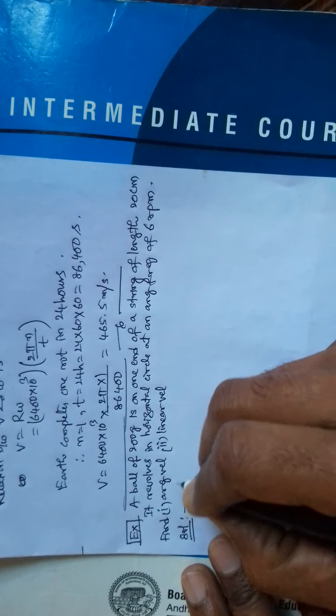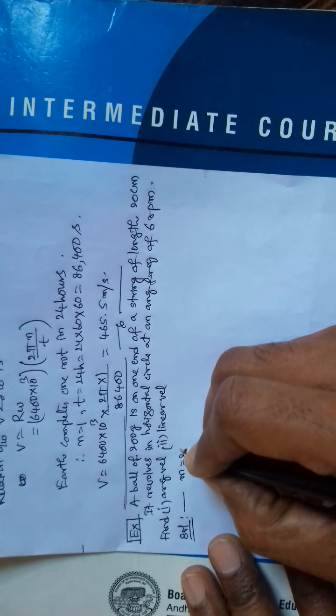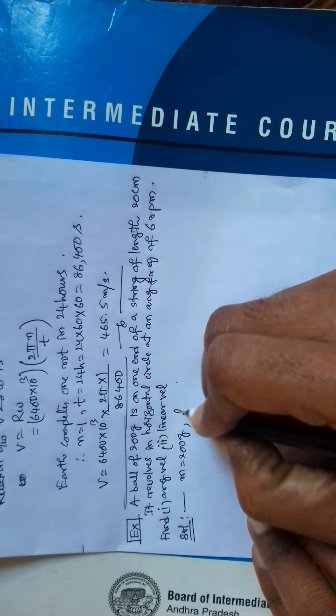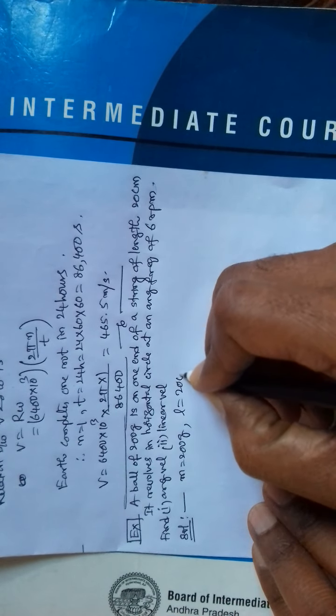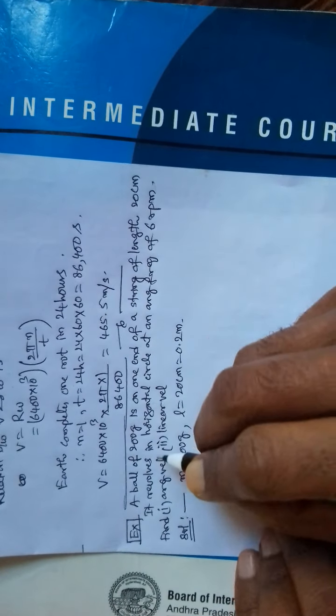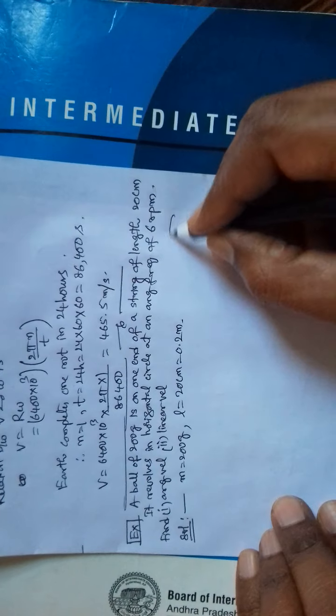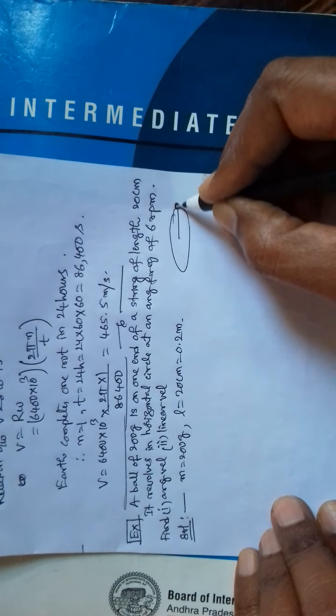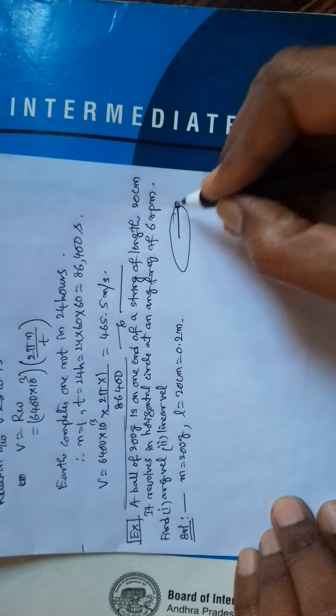Let us note the data. Ball mass is given and length is given. It revolves in horizontal circle. This is ball.